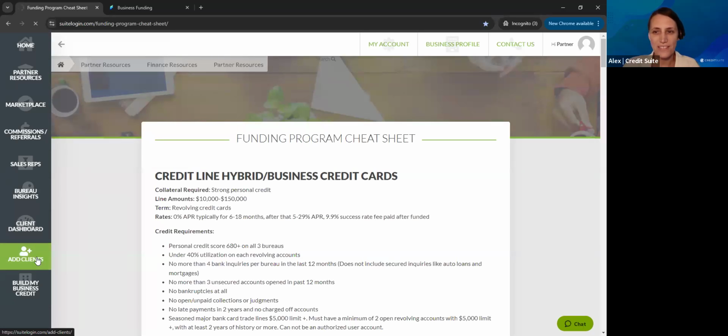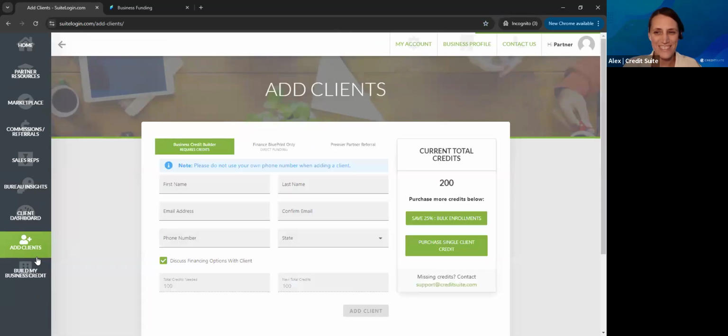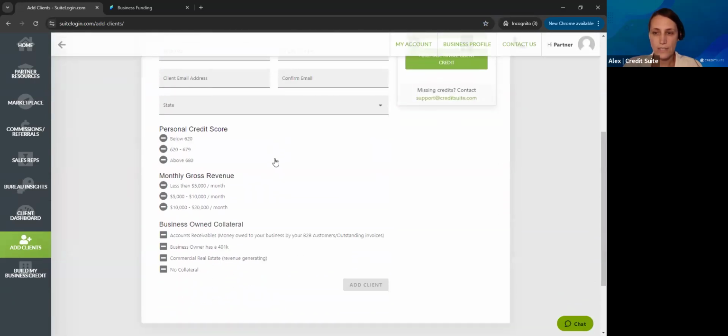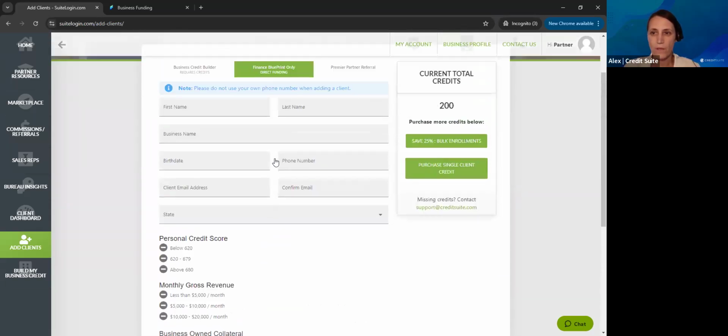To not make you guys dizzy going back and forth in two different sites, I'll show it in here. If you were adding them in and they just want lending, they didn't sign up for the Business Credit Builder program, you would go here to the Add Clients tab, the Finance Blueprint only, enter this in, and once that gets submitted, the finance team is going to reach out to that client to go over the best lending options with them.